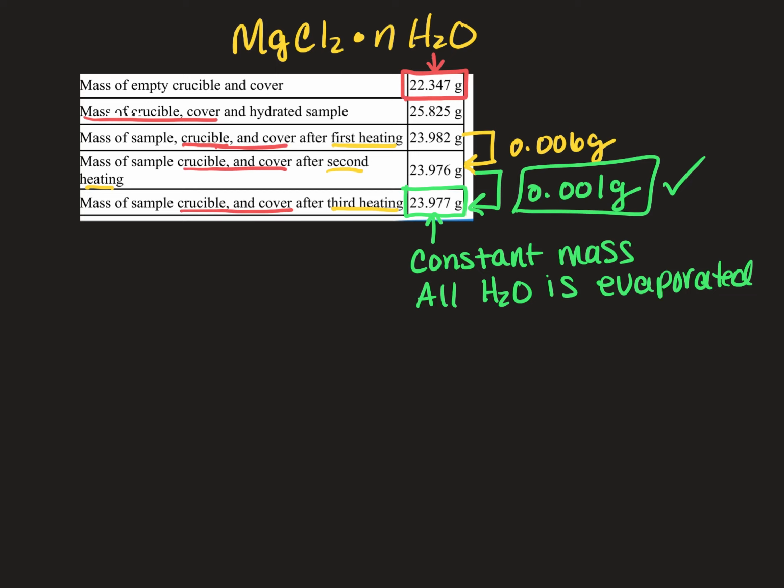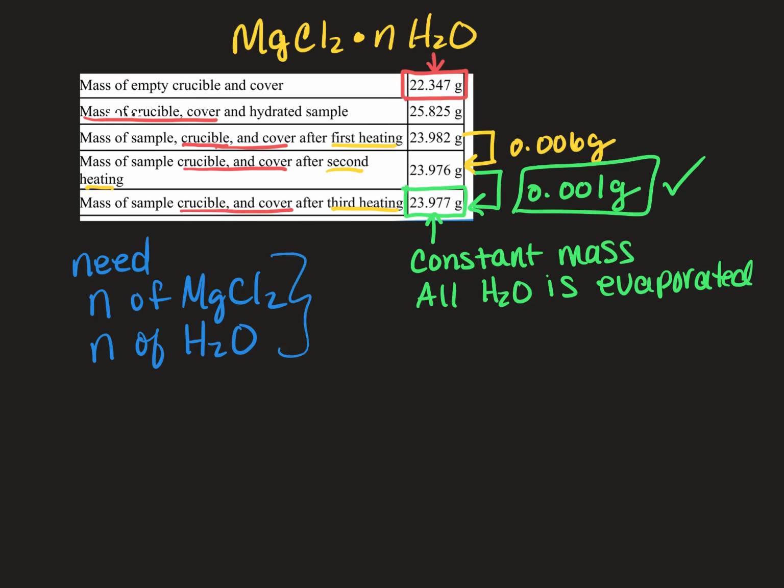So in order to figure that out, we need the moles of MgCl2, and we need the moles of H2O that are in the sample. So that's what we have to figure out. So in order to figure out both of them, we're going to need to figure out the grams, what the mass is.